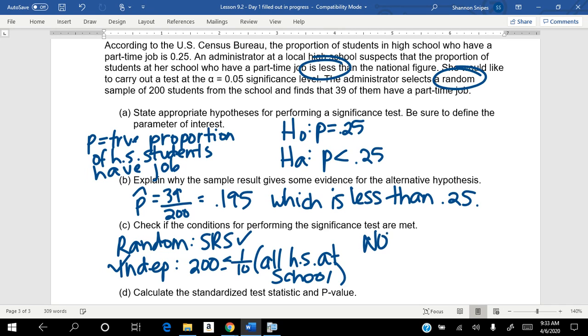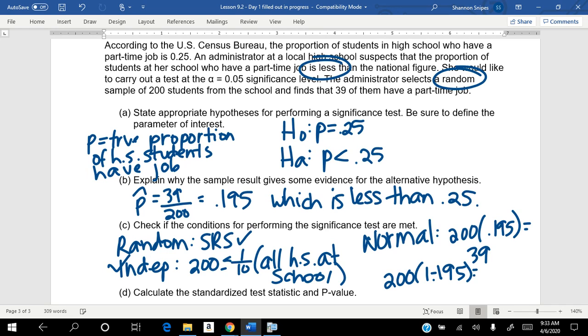And then normal. So when we do 200 times our 0.195, we get 39. And then when we do 200 times 1 minus 0.195, we get whatever 39 minus 200 is.